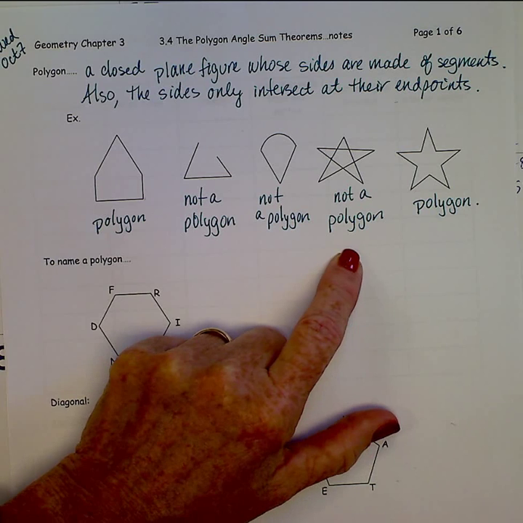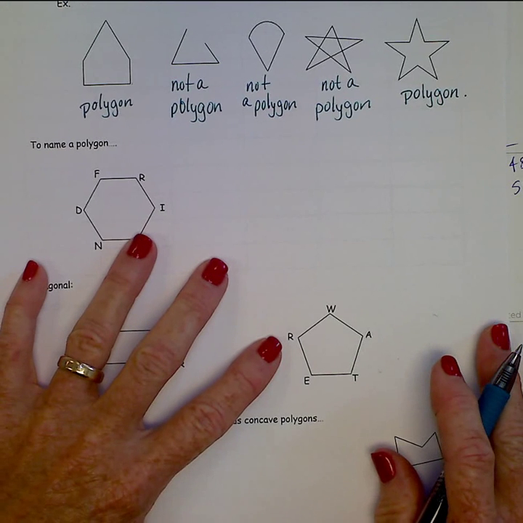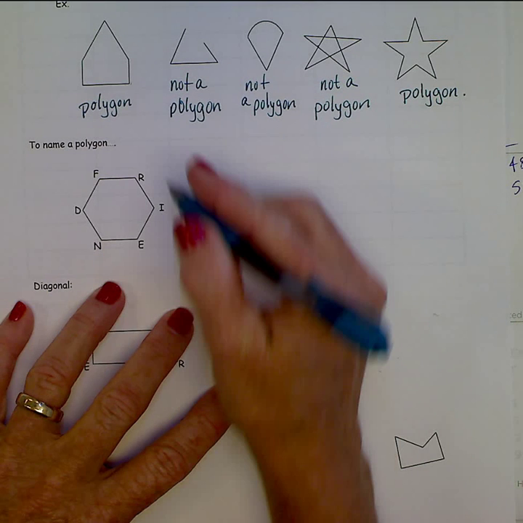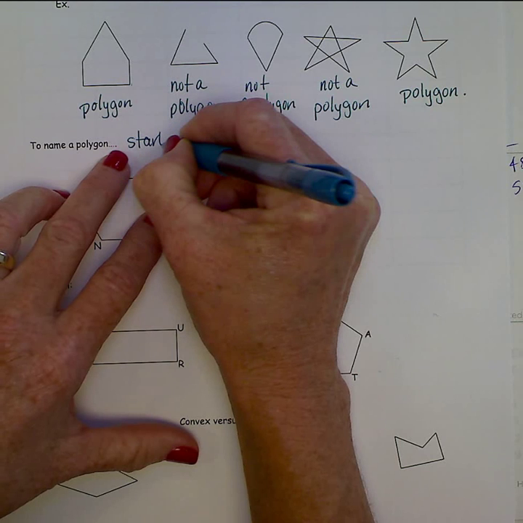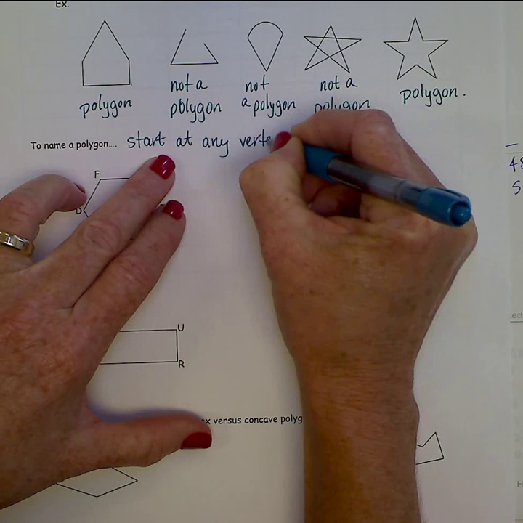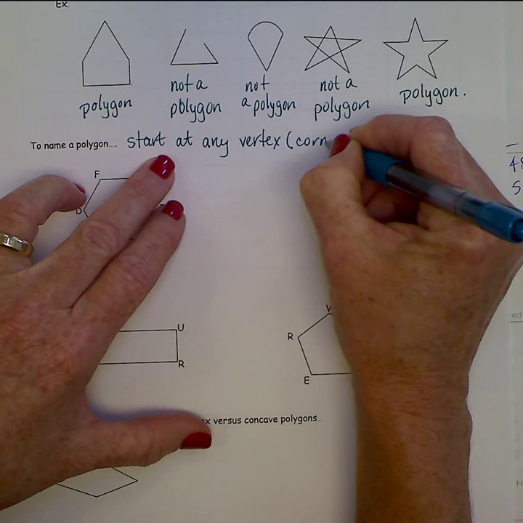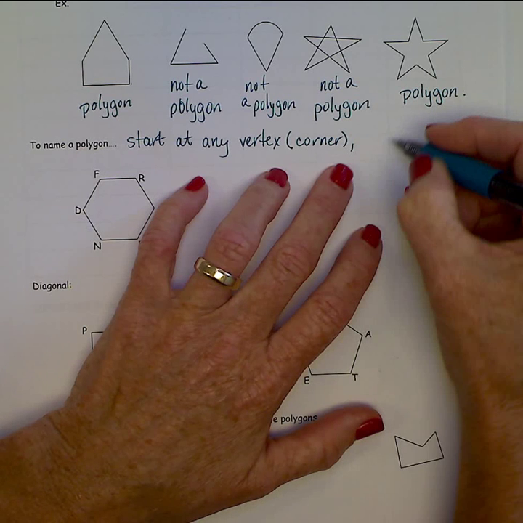Okay, with these polygons, it's also important to name them. And to name a polygon, we start at any vertex. Another way to think of vertex is a corner. So you start at any corner, then go around the polygon in order.